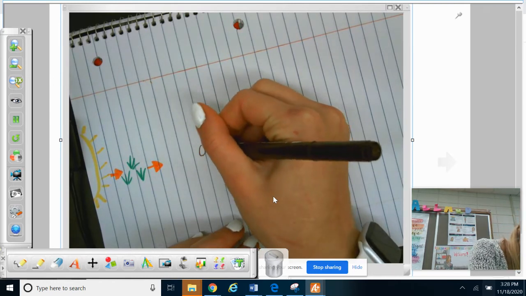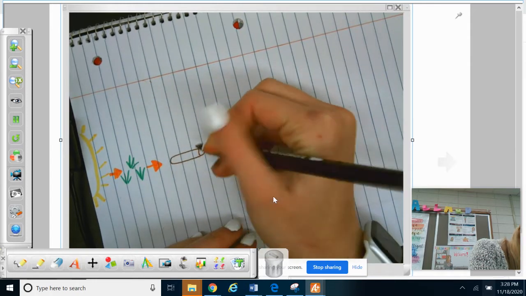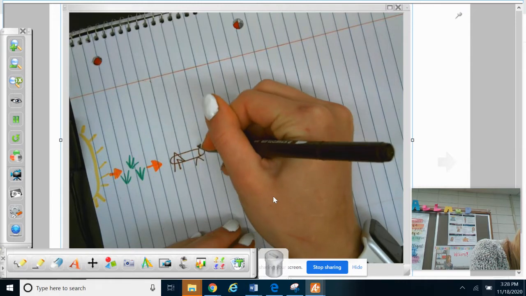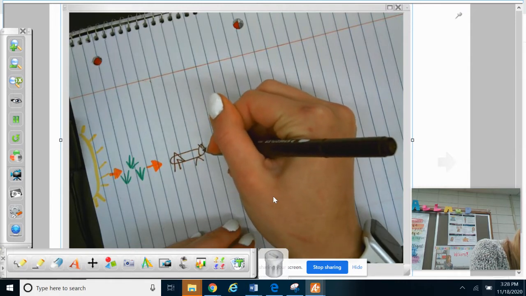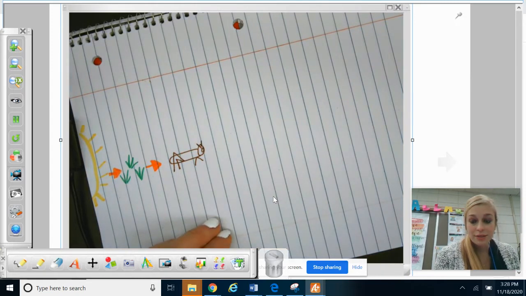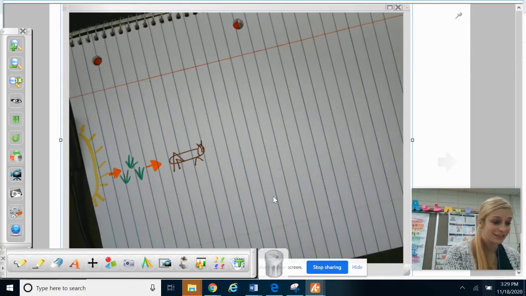Well, oh, man. That was supposed to be an eyeball, but it looks like a large mouth. Anyways, that's my best grasshopper. And see, I said you can laugh with me. It's okay if you can't draw.